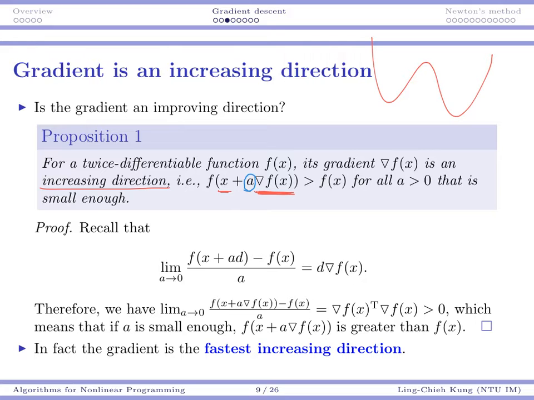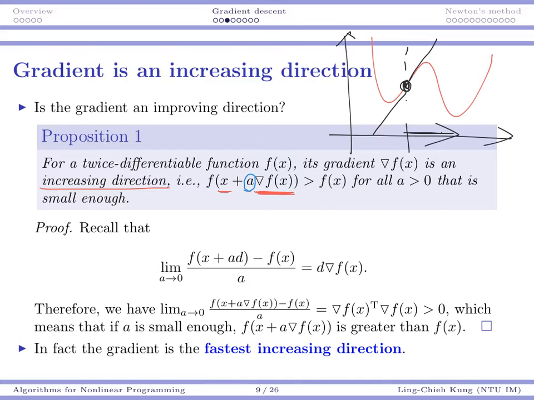Then at any point, I can calculate my gradient, which is this direction, so I want to move along this direction. Obviously, it's possible that after I move too far away, I probably will get a decrease. But this proposition is saying that as long as you move along the direction and do not go too far, then you are guaranteed to increase.